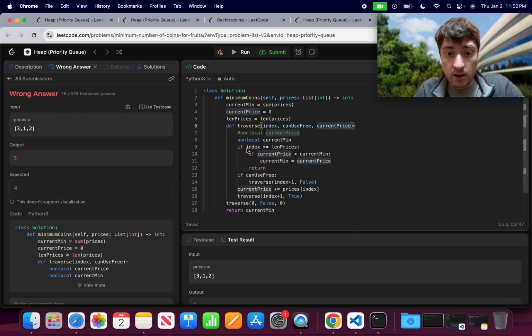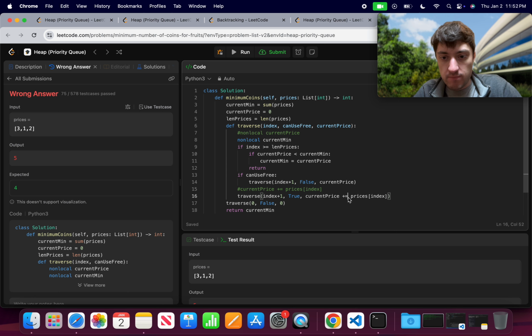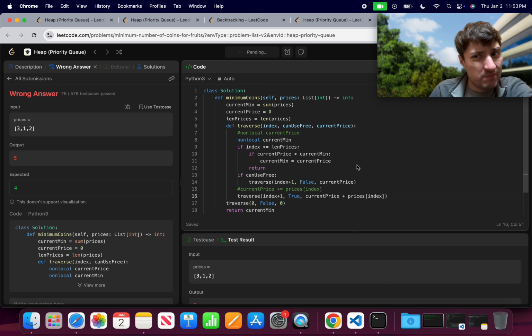And then if I can use it for free, we're going to just pass in current price. And then for this one, we're going to go current price plus prices of index.